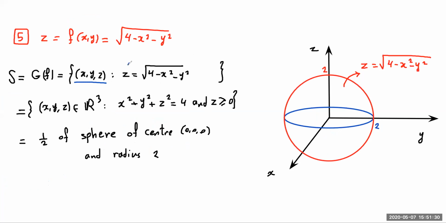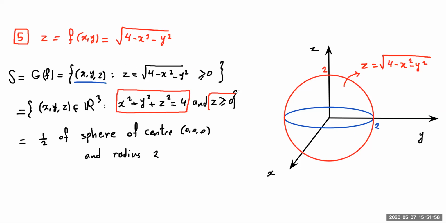Before taking power 2, let's remember that this term is always non-negative. So after taking power 2, I will have this formula here, and I must suppose that z is greater or equal 0.